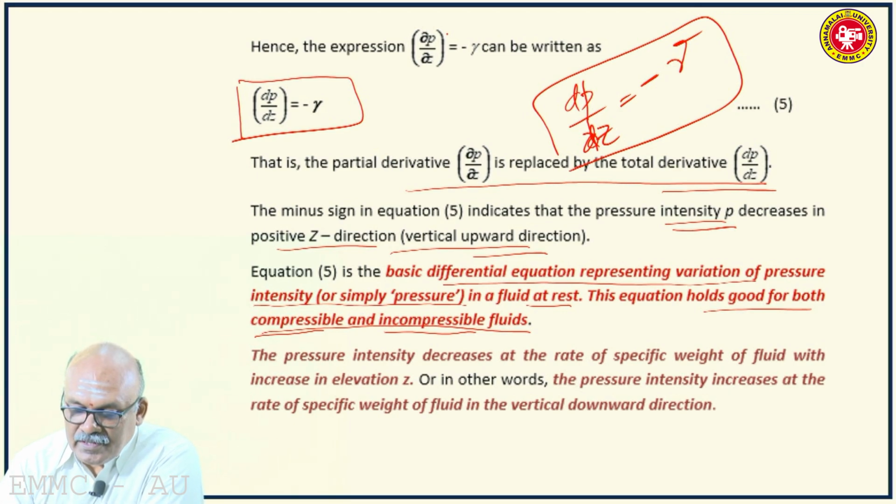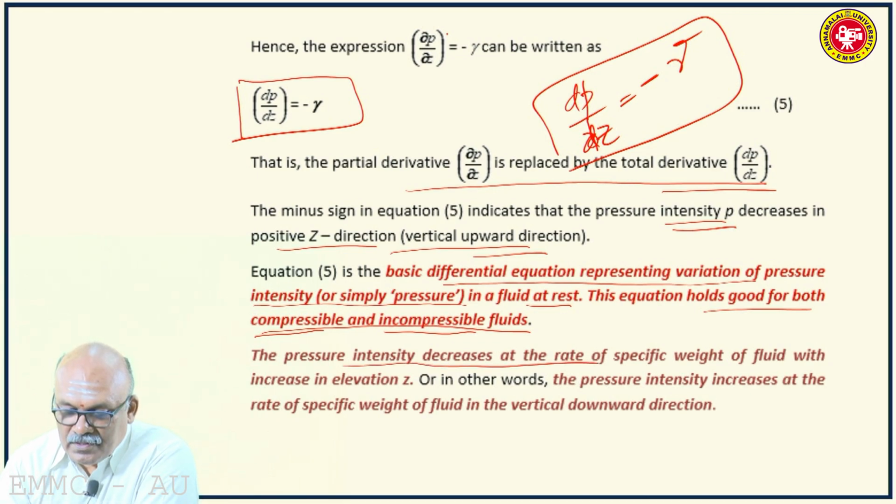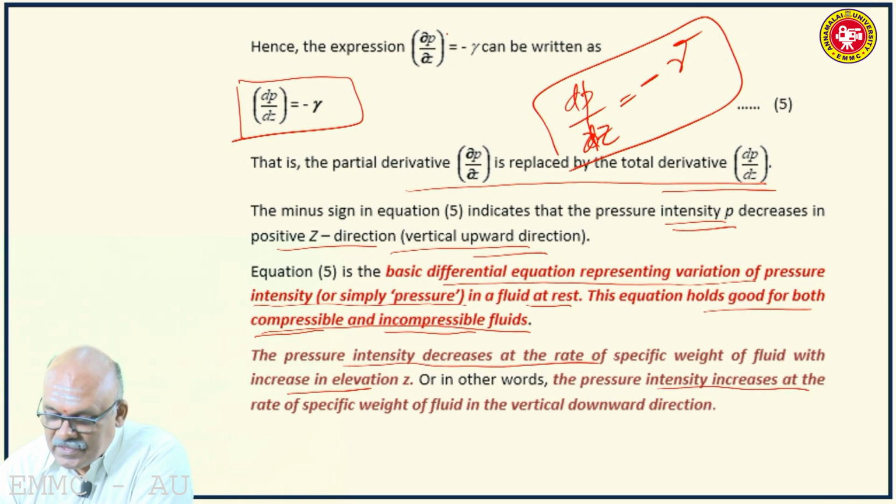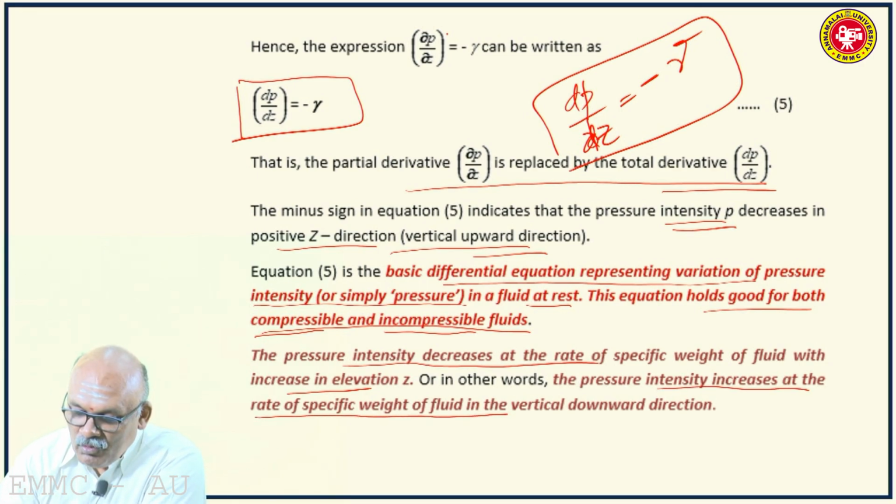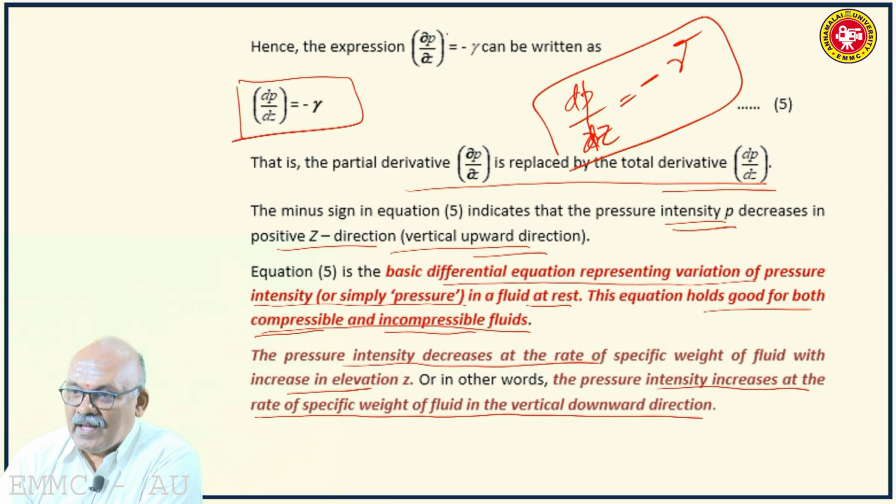The pressure intensity decreases at the rate of specific weight of fluid with increase in elevation z. Or in other words, the pressure intensity increases at the rate of specific weight of fluid in the vertical downward direction. So if you go in the negative direction, that is vertically downward, the fluid pressure increases. When you go up, it is decreasing. When you go down, it is increasing.